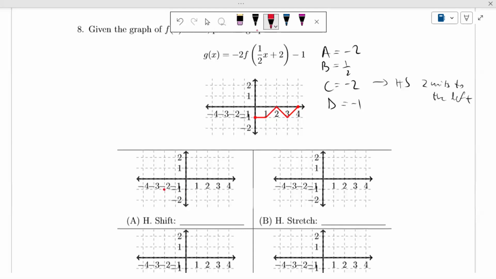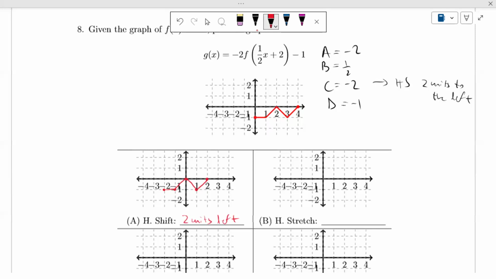This point used to be at x equals 2, so now it's going to be at x equals 0. This point used to be at x equals 3, so now it's going to be at x equals 1. This point used to be at x equals 4, so now it's going to be at x equals 2. And then now I'll just connect all the lines, like so. And there's my graph that has been shifted 2 units left.